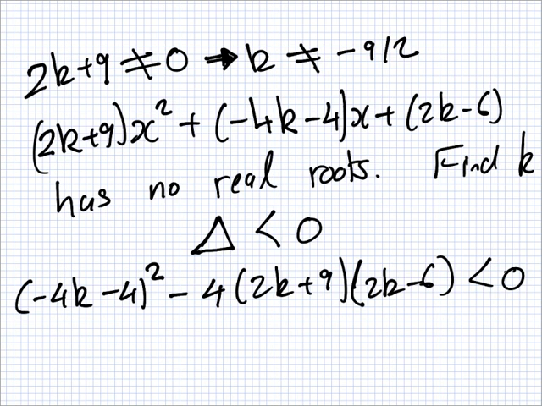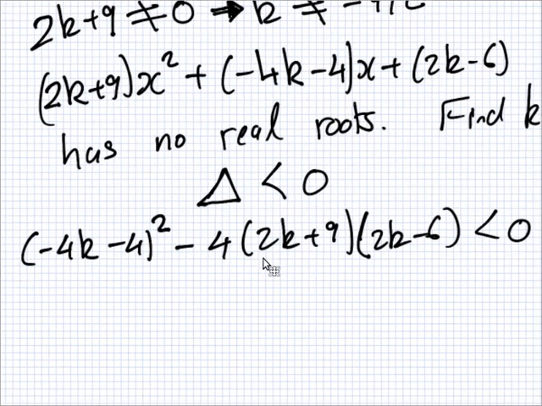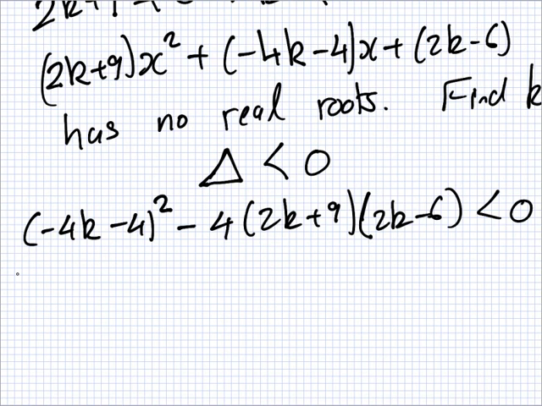Expand. Okay, so expanding. 16k squared plus 32k plus 16. Okay, so I've expanded the first one.